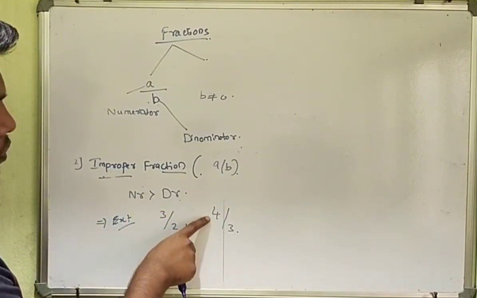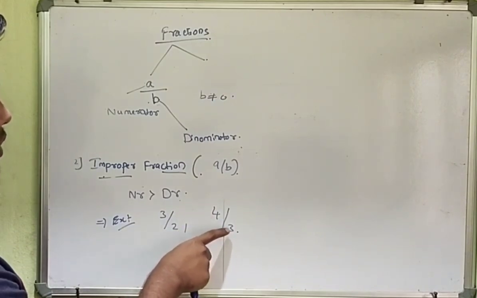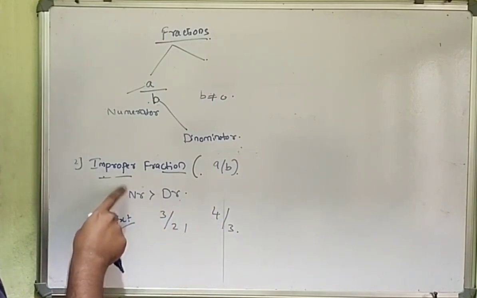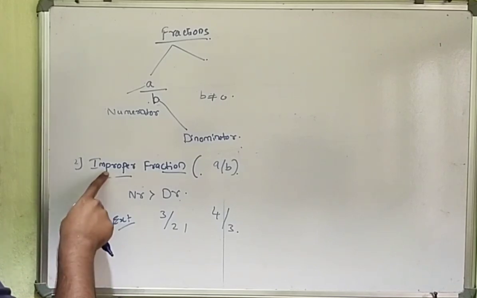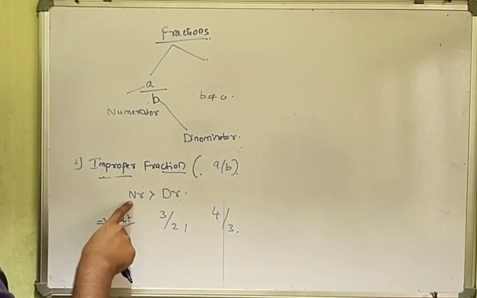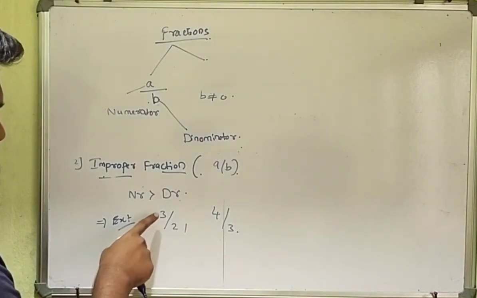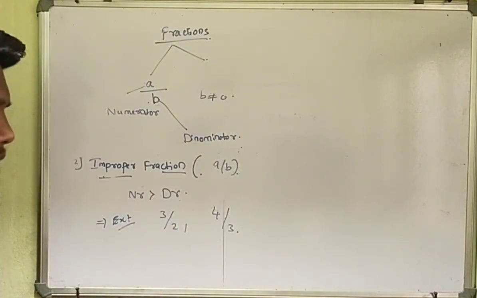Similarly, in 4 by 3, the numerator is 4 and the denominator is 3, which also satisfies the condition. So these are the examples 3 by 2, 4 by 3.